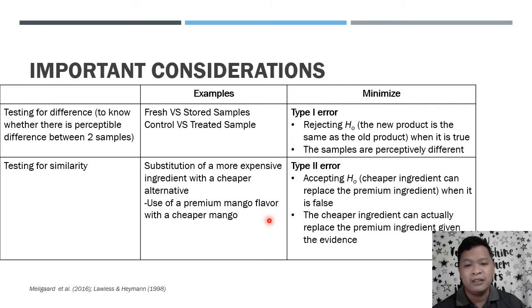Okay, again, the considerations for each is that if you are testing for difference, it's important to minimize the type 1 error. And when testing for similarity, it's important to minimize the type 2 error. Generally, para mas madali ang buhay mo, lakihan mo na lang yung sample size because we did mention that both type 1 and type 2 errors would be minimized by increasing the sample size to a substantial amount.